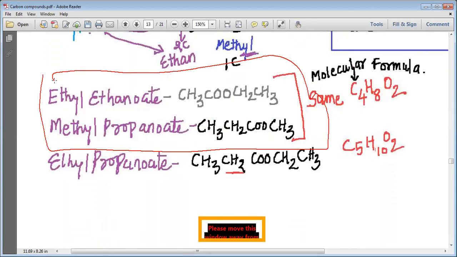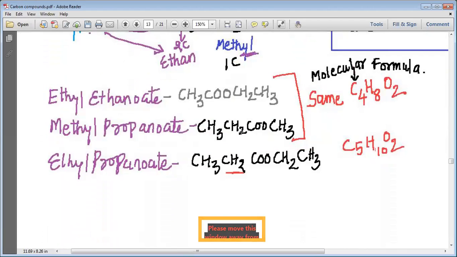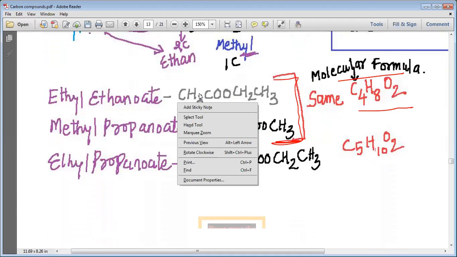If you look into these 2 esters, you will come to know that they both have 4 carbons, and their molecular formula is C4H8O2.